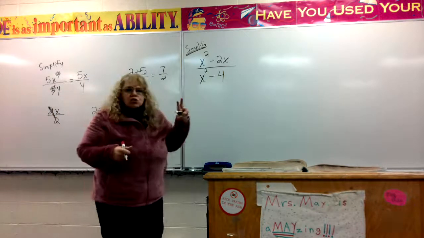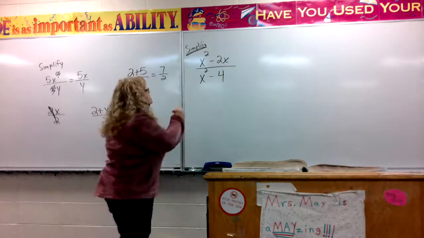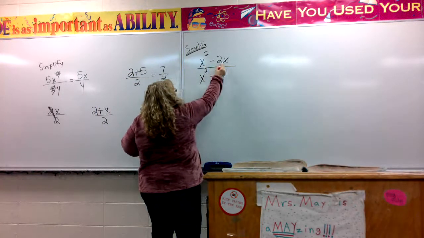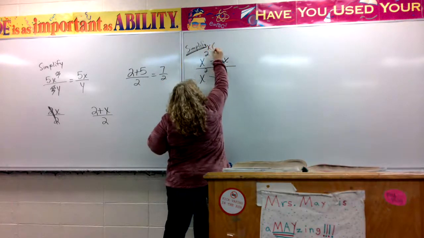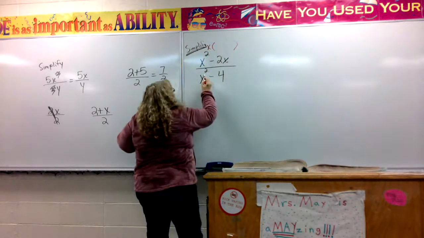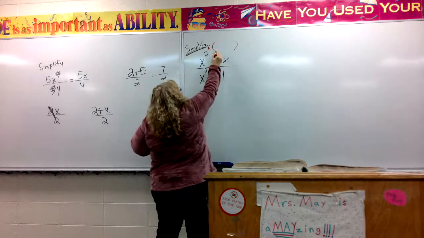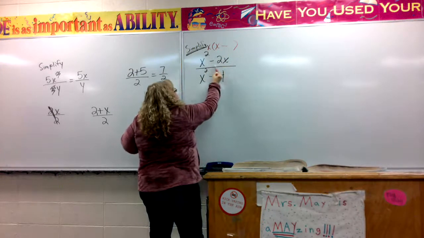So, 2 kinds of factoring. First, you should always check to see if there's anything common. Is there anything in common on the top? There's an x common to both of those. Take it out. If you take an x out of this, what do you get?